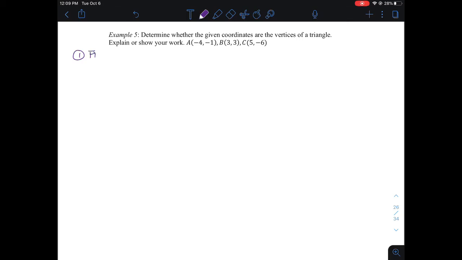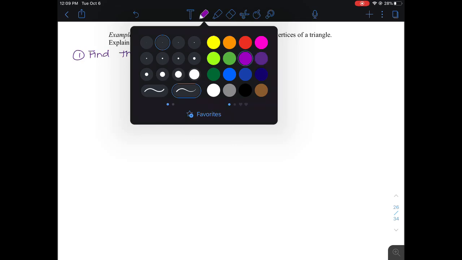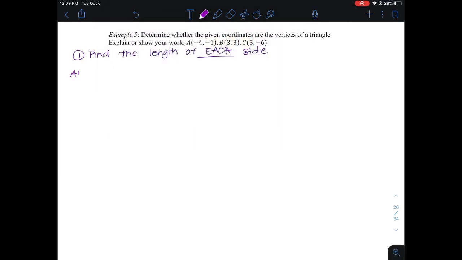The first thing we need to do is find the lengths of the sides. If we're finding the lengths of each of the sides, I'm going to start off with AB. I'm going to skip some steps here.